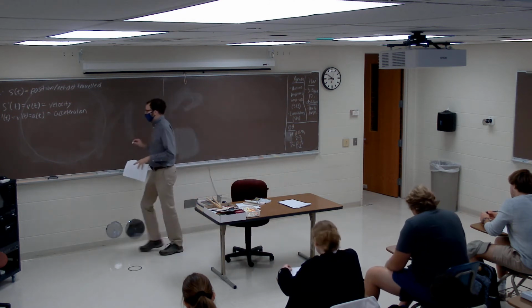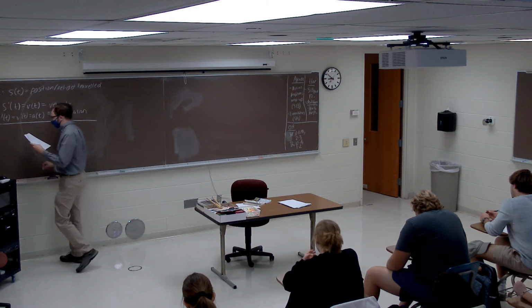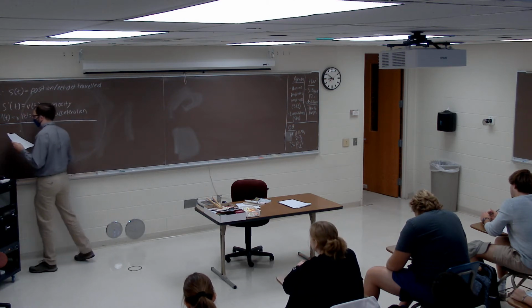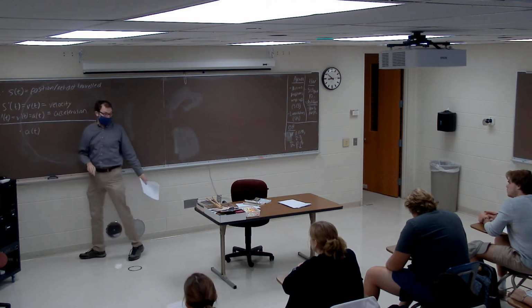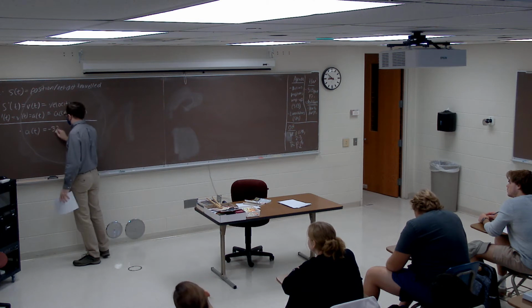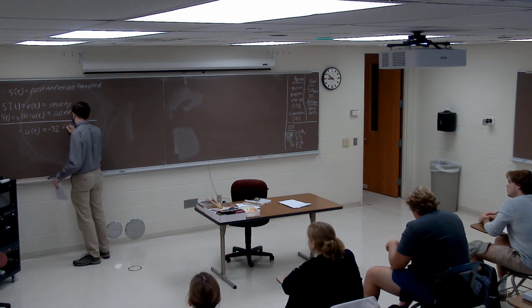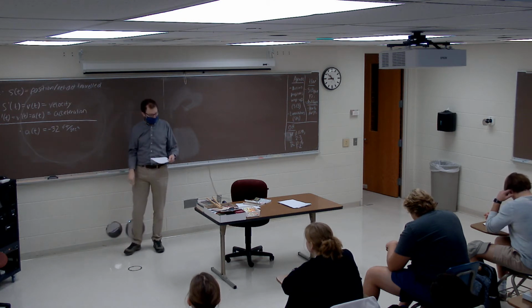The idea here is that in this example with the cannon on Earth, we're given three pieces of information. The vertical acceleration of the cannonball due to gravity is going to be negative 32 feet per second squared, just like it always is on Earth.